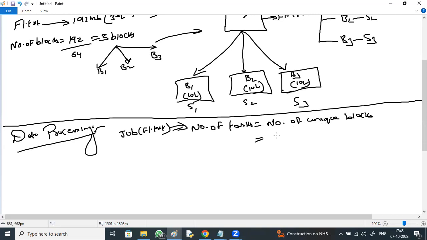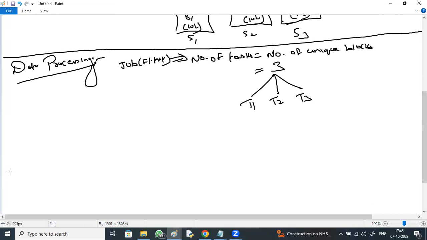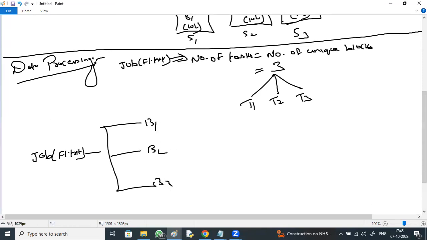How many blocks here? 3 blocks, so 3 tasks: T1, T2, and T3. The job is to process f1.txt, which has B1, B2, B3.